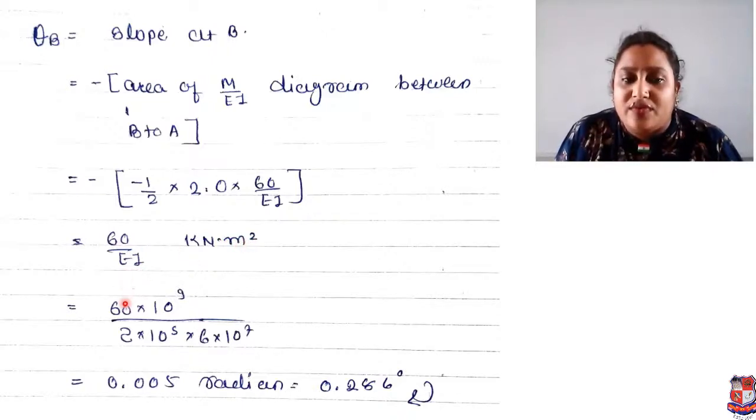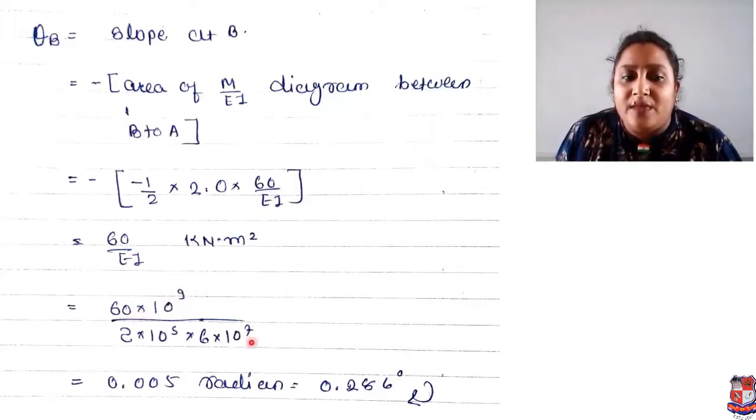Okay. So now 60 is written over here. Whatever E and I values are given in our problem statement, we mention them over here directly. Now there is a factor of 10 raised to 9, because the data are in Newton and mm form, so we have converted that value. That's why here it is 60 into 10 raised to 9. Okay.